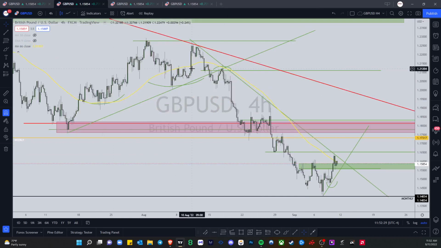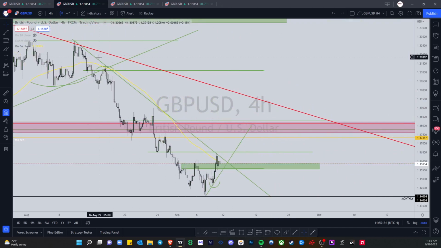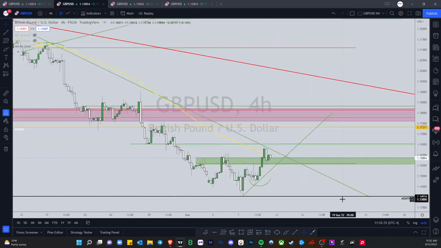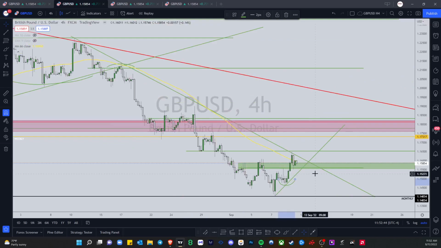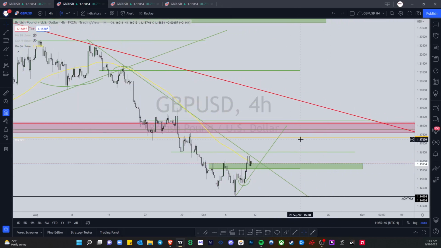So H4 is bearish. It's still making lower highs. Right now, what it did was create a higher low, meaning there are more buyers at this point in the market.